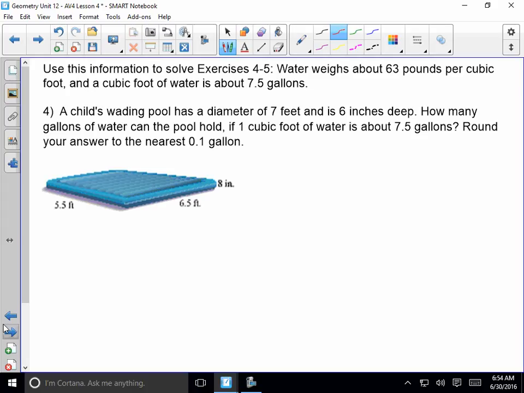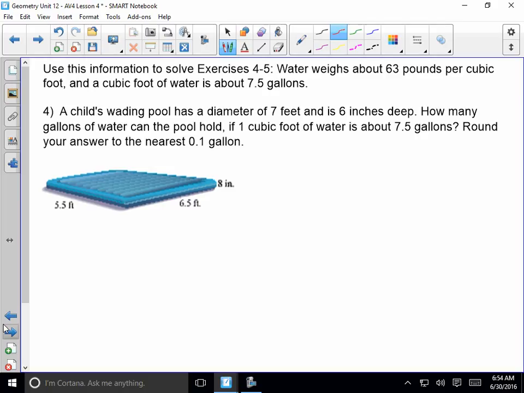Looking at the pool problem, because I know a couple people have asked me questions about this pool problem. What we really have to be careful of is making sure that all of our values are properly stated. So now we've got this situation. We've got a child's wading pool.